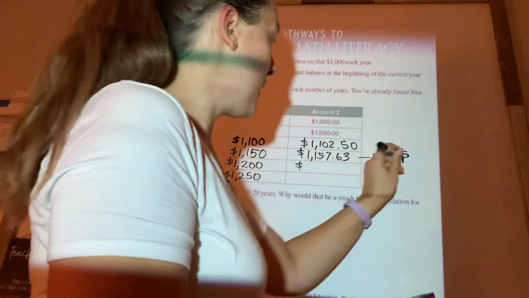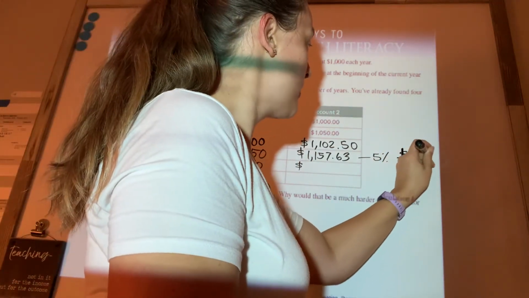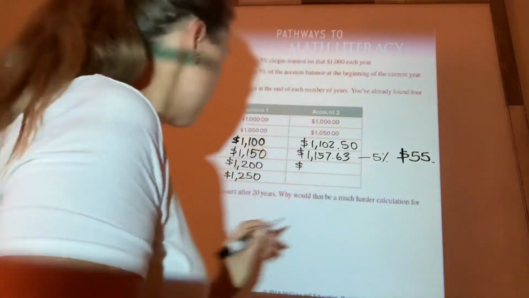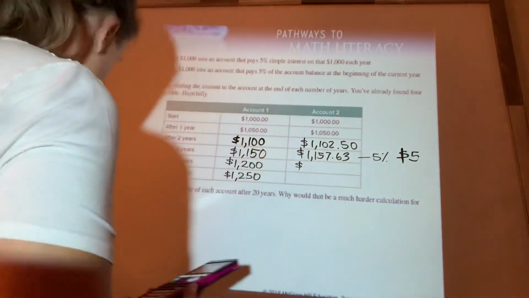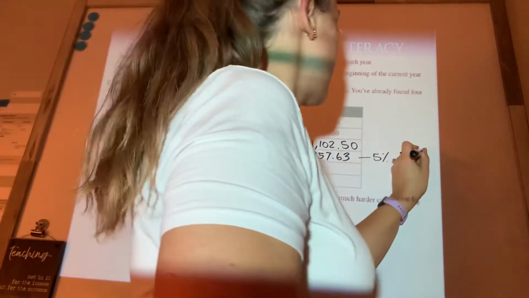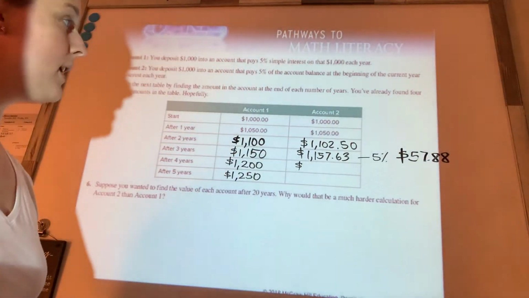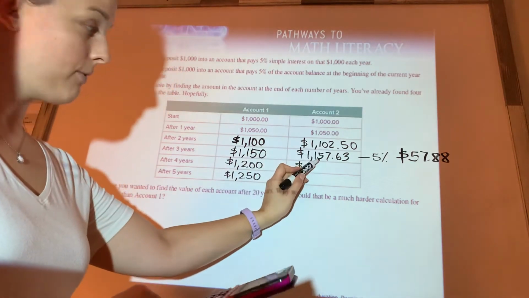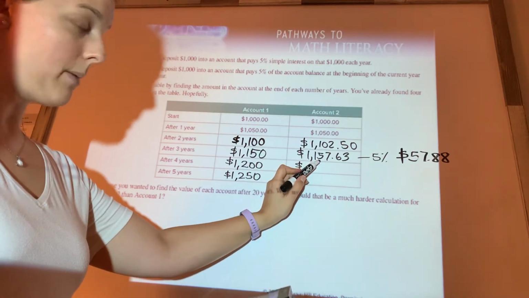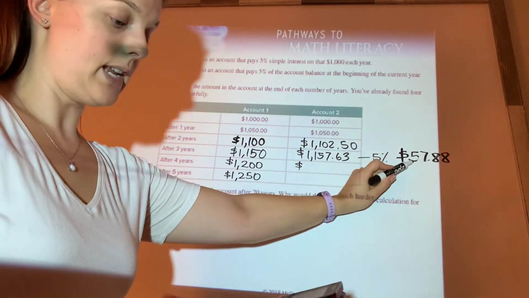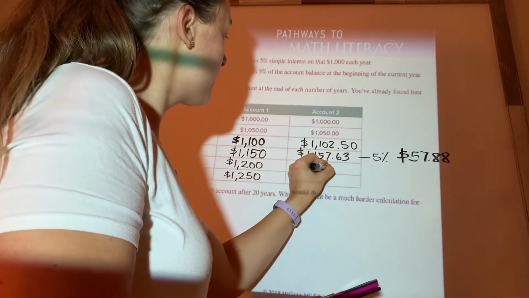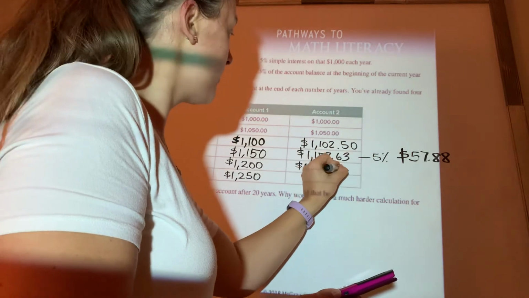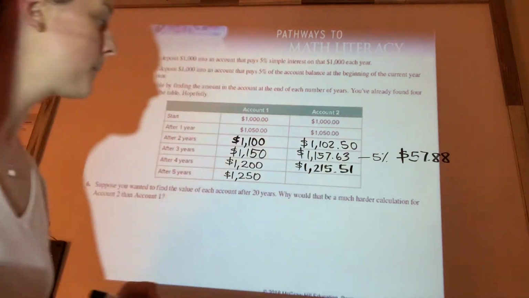The interest amount, and again, you're going to have to round, so be very careful. $57.88. Again, I rounded to the nearest penny. So now I'm going to take the 1157.63 and I'm going to add in $57.88. I get $1,215.51.